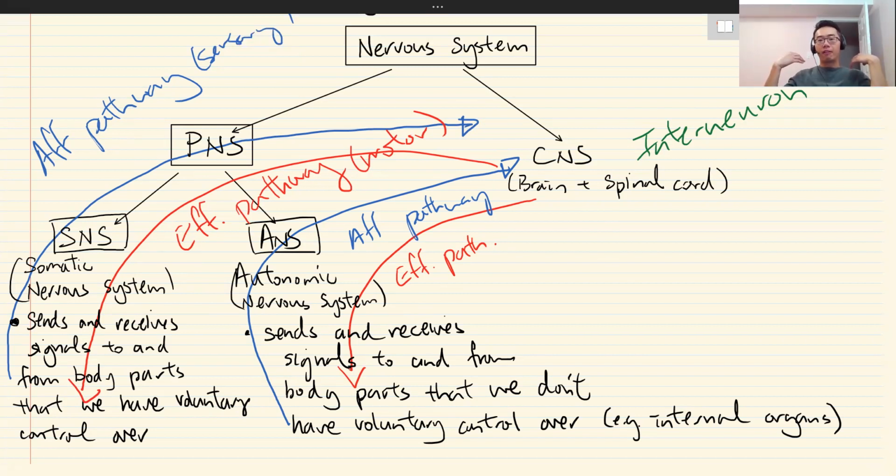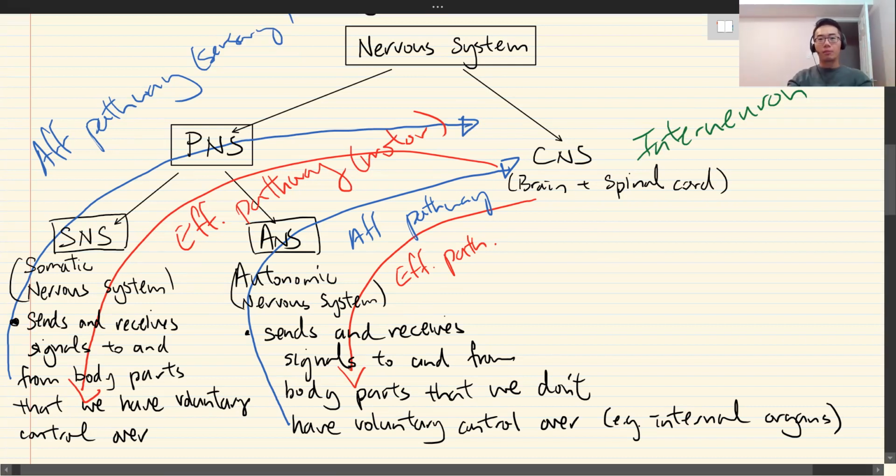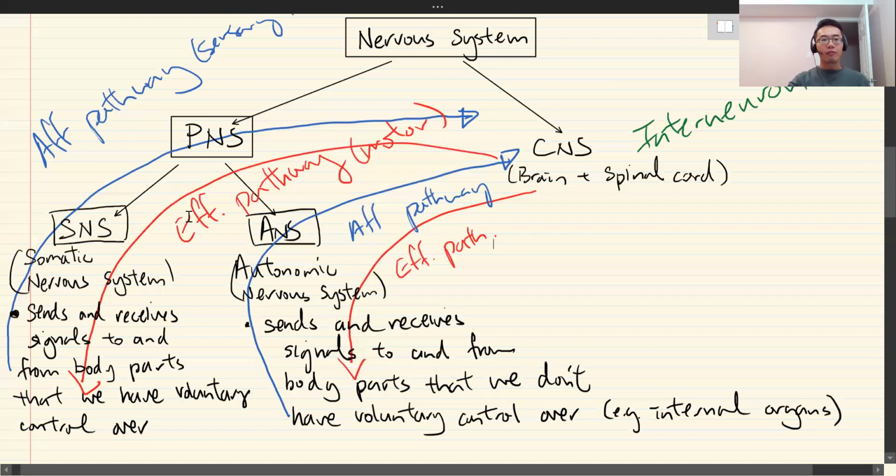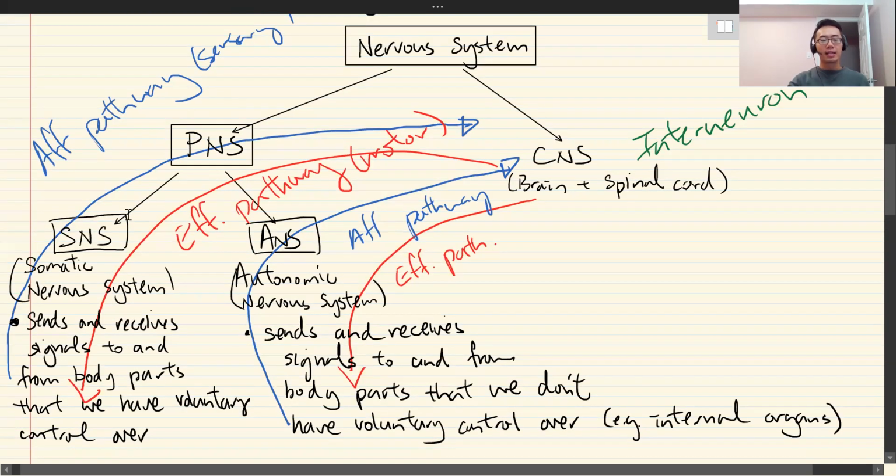They have the afferent pathway that feeds into the CNS, and both would also have separate efferent pathways going to the different divisions. So there are afferent pathways and efferent pathways for all of PNS. Some goes to and comes from things that we have voluntary control over. Some goes to and comes from things that we don't have voluntary control over.